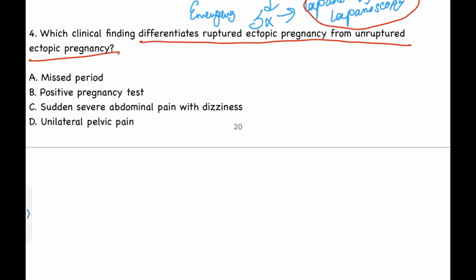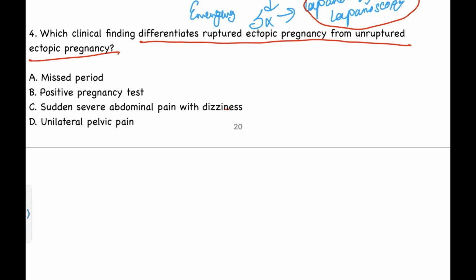Now, which one is clarifying or telling you that this is the clear differentiation between ruptured ectopic pregnancy and unruptured ectopic pregnancy? Listen carefully how I am eliminating the other options and taking the correct option. Your first option is missed period. Now, if the mother is having a missed period, will you differentiate between ruptured and unruptured ectopic pregnancy?